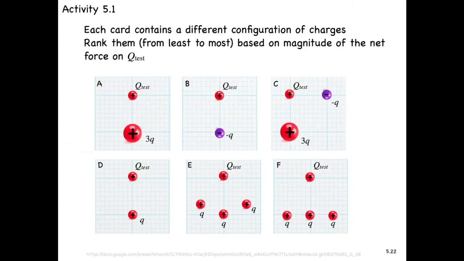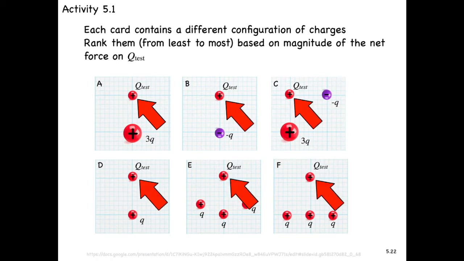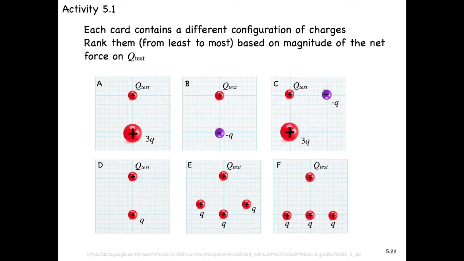And we're going to do a little activity. I want you to work in small groups of about 4 to 5 students, and I want you to try to agree on an ordering for these 6 charge distributions, A, B, C, D, E, and F. What we're trying to order them by is how big is the force on this positive test charge up here, Q test. In every scenario, we have that same test charge sitting at the same point.